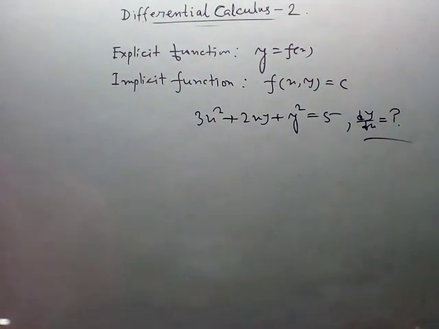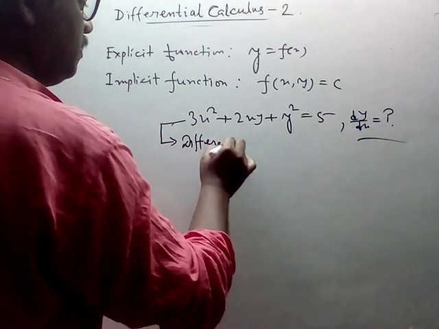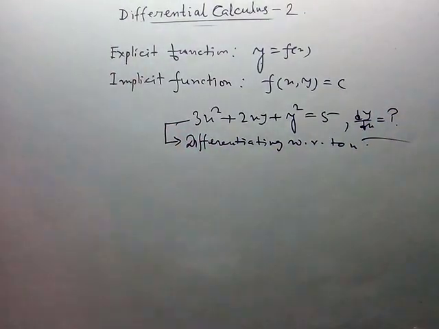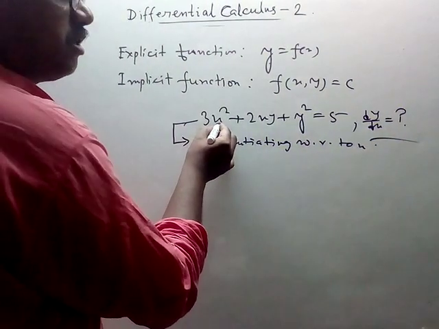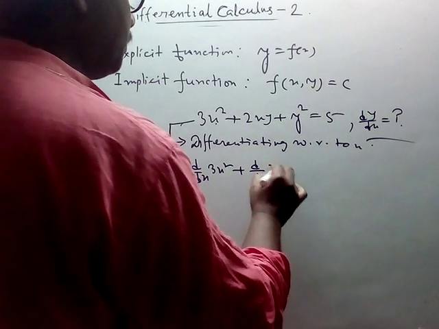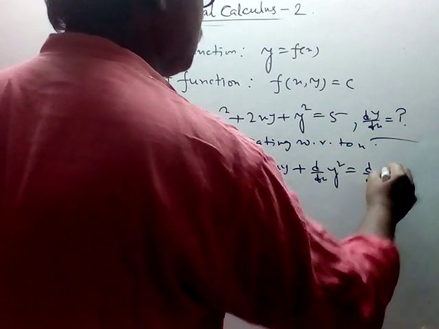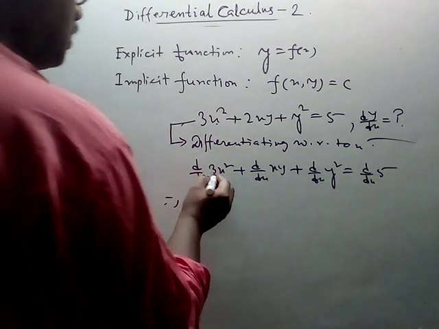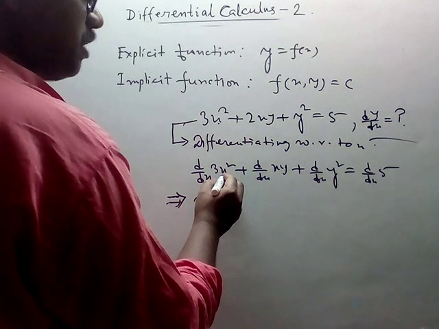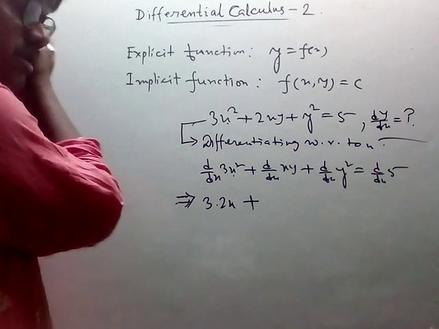So from this, differentiating with respect to x: d/dx of 3x square plus d/dx of 2xy plus d/dx of y square equals d/dx of 5. These constants you can take outside. Then d/dx of x square means 2x.